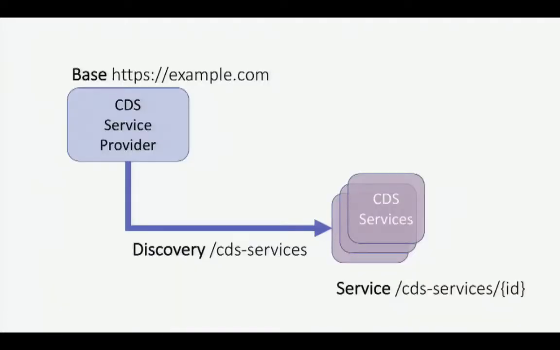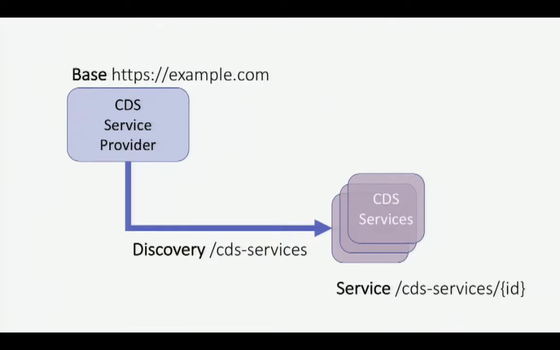Now, another nice feature that we have in CDS Hooks is this notion of discovery. So with discovery, we define basically an endpoint that every CDS service needs to expose, that once you hit that endpoint, it will tell you all the CDS services deployed at that endpoint.